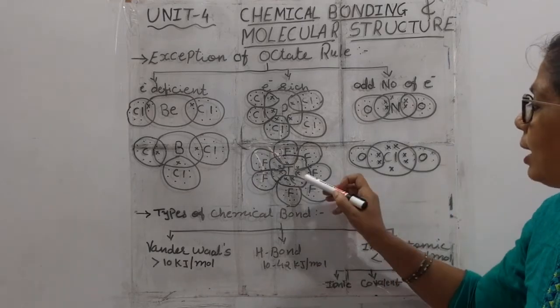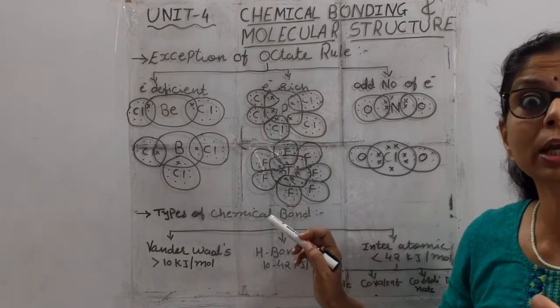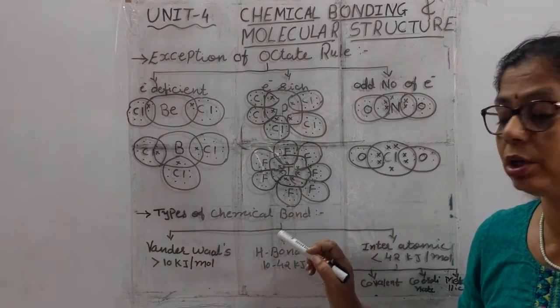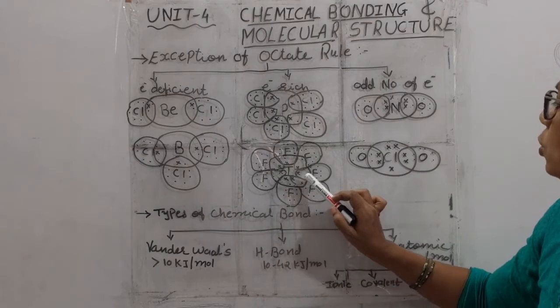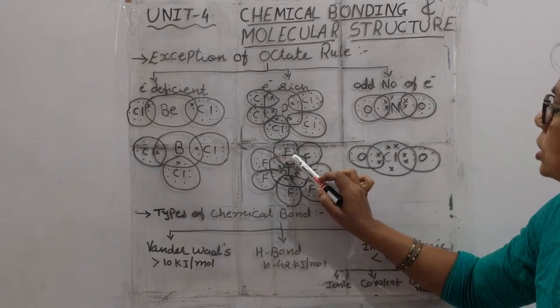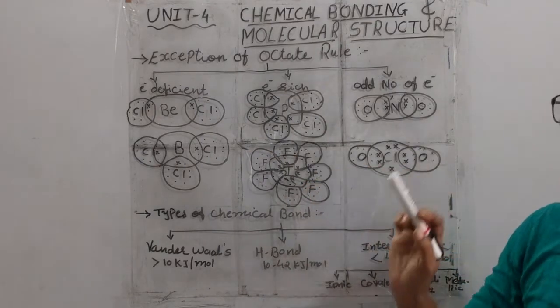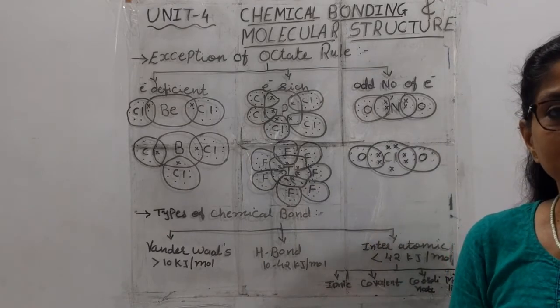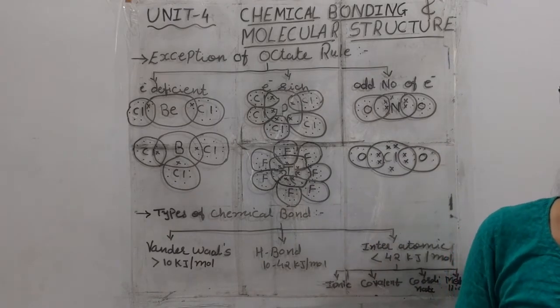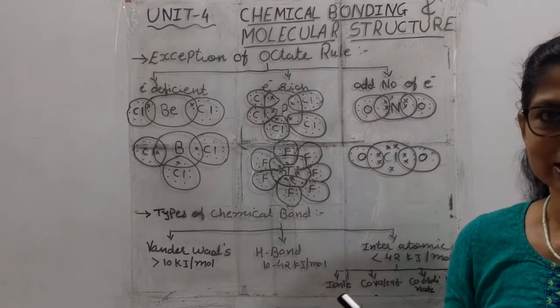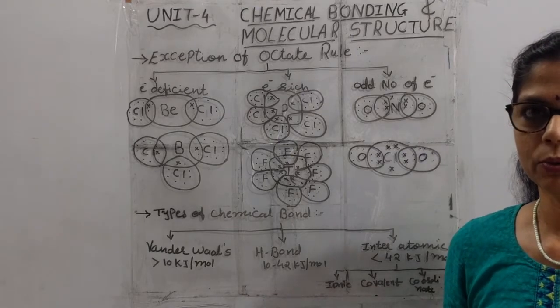That's why here iodine has 14 electrons. Think, children, here 2, 4, 6, 8, 10, 12 and 14. So iodine has 14 electrons, but it is also an exception, a stable compound.